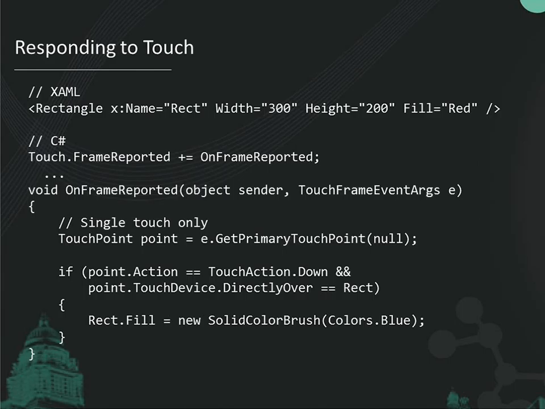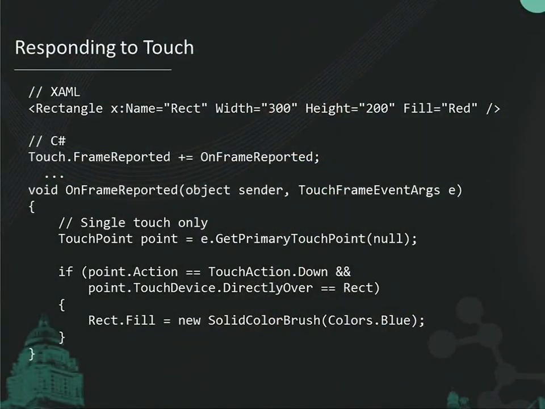If all I care about is single touch, I don't care how many fingers are on the screen, I want to ignore any but the first one to make contact, then I can process these low-level Touch.FrameReported events this way. Notice that when my application starts up, I register a handler for that Touch.FrameReported event. By the way, these events have global scope, not per object scope.